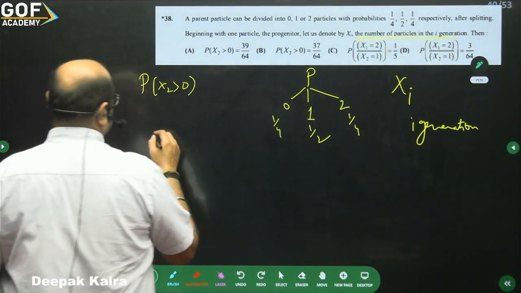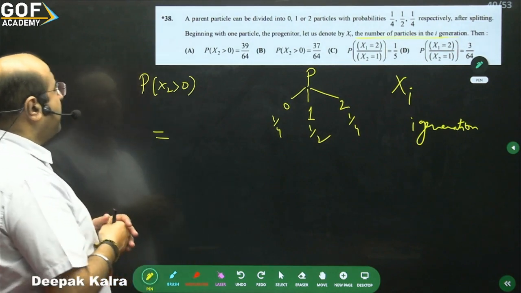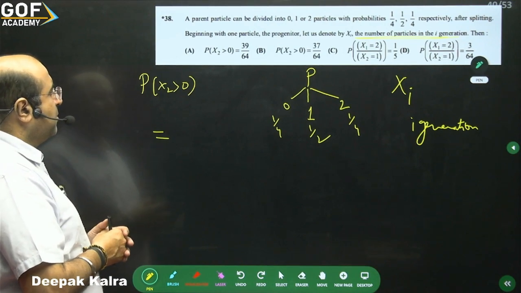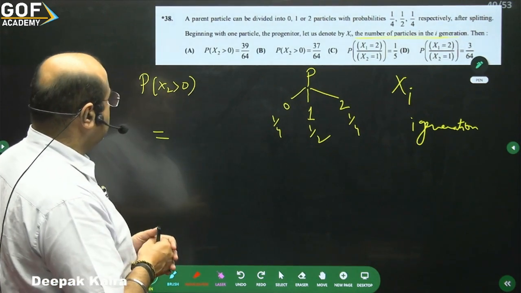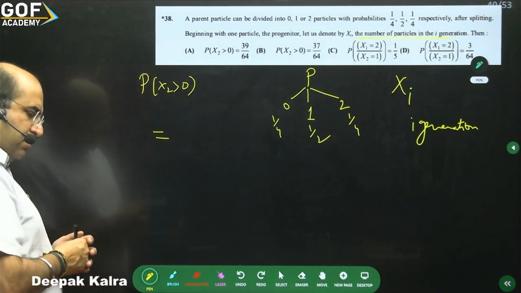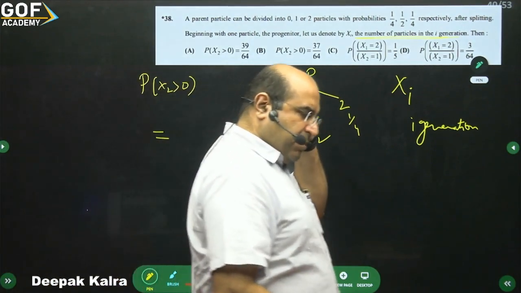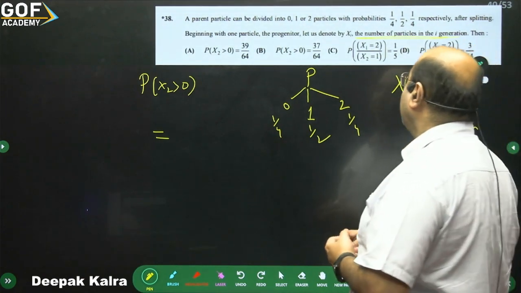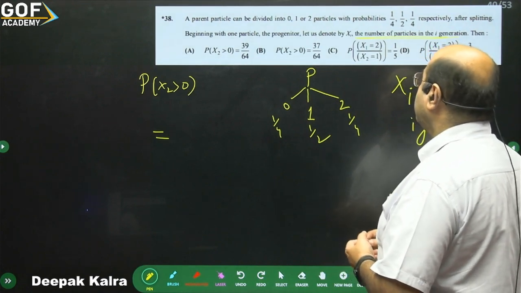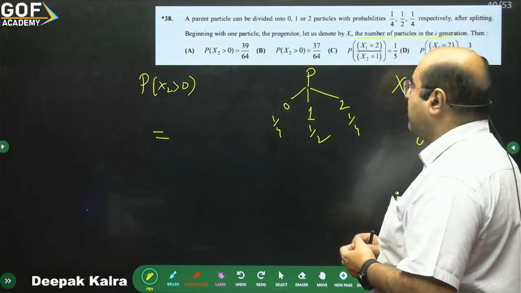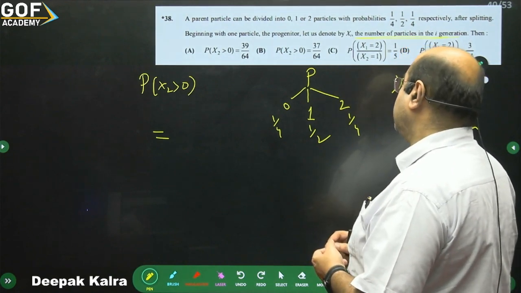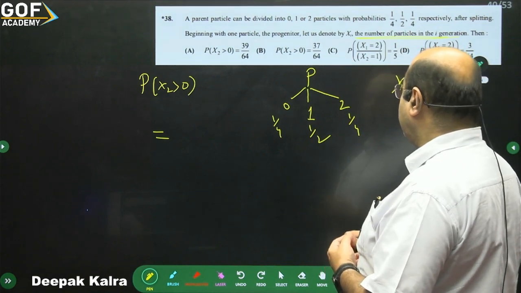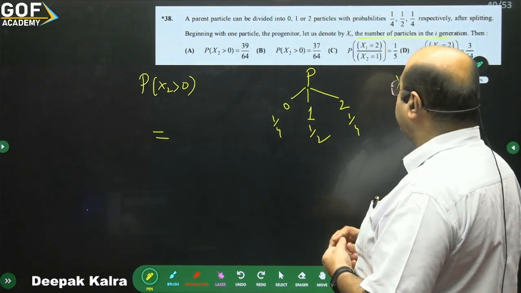What I say, if the number of particles is more than 0, it means before the second generation you should have zero, or one particle, or two particles.